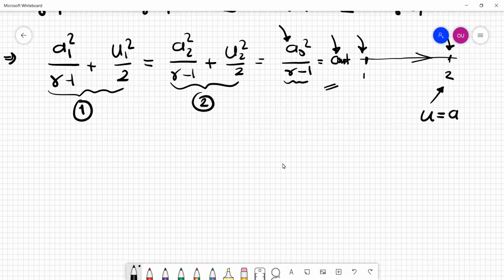So we go back to these equations and we say, a squared over gamma minus 1 plus u squared over 2 at a point on a streamline must be equal to the same equation written in a slightly different form.